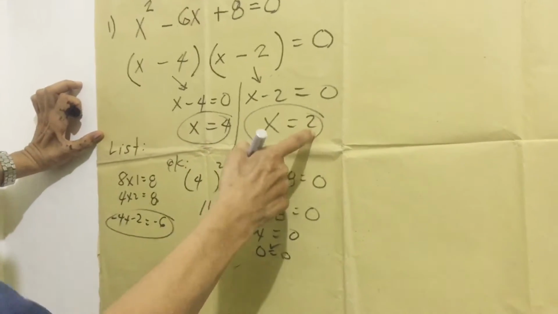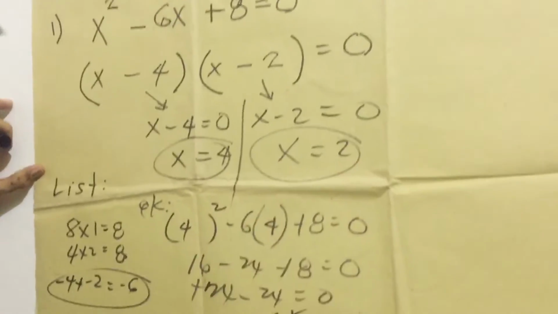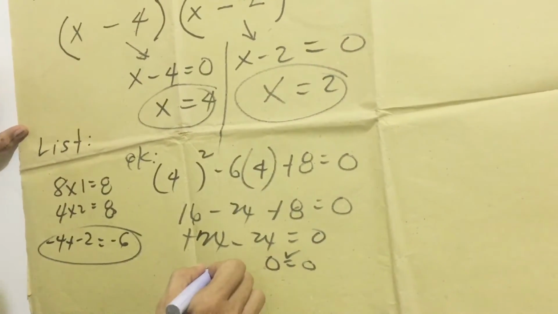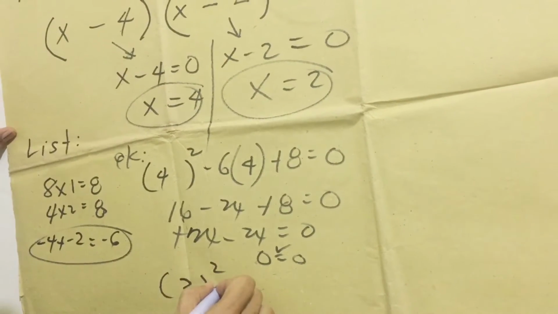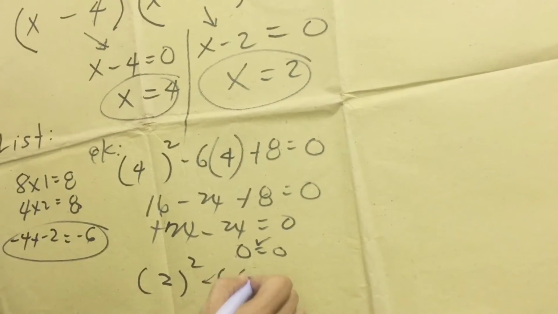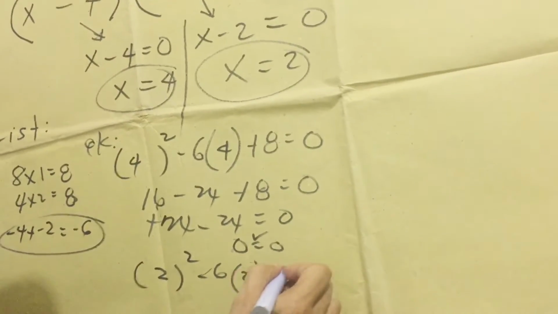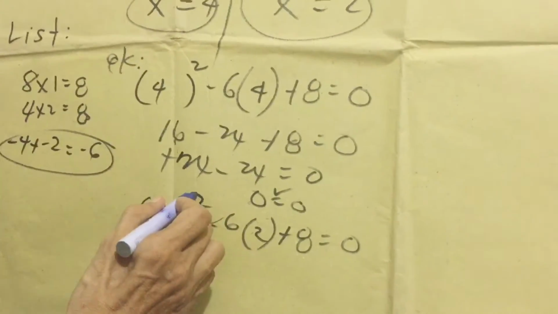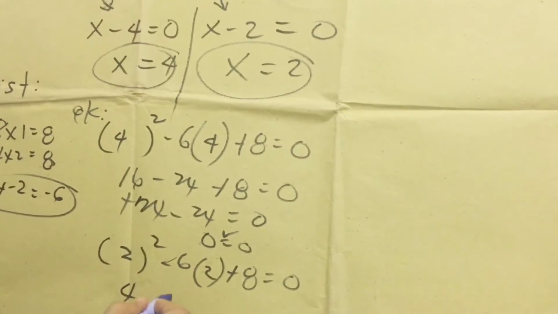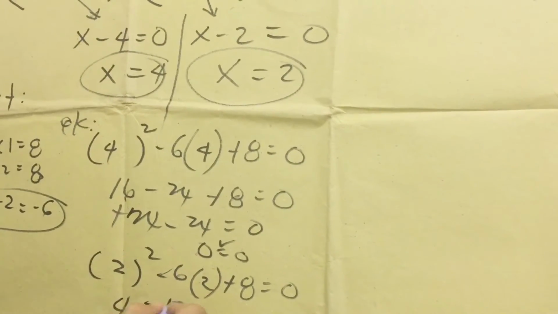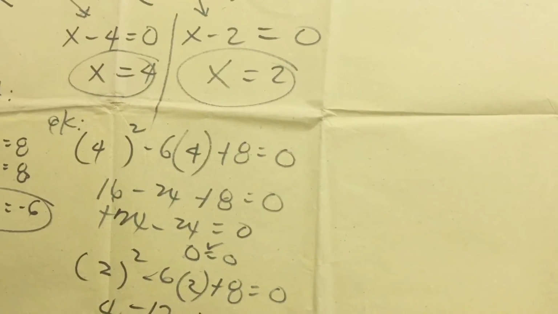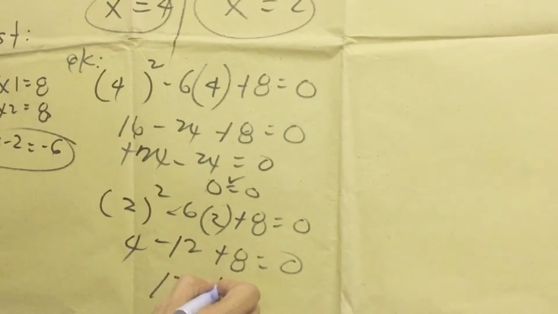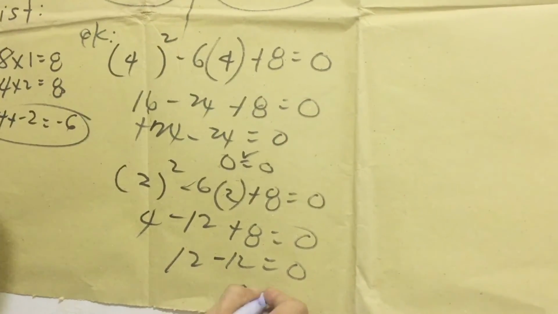You have to check also for the value of 2. x is 2. So we have the exponent and x is 2. We have 6 times the value of x, which is 2, plus 8 equals 0. And then 2 times 2, the exponent is 2, so 2 times 2 equals 4. 6 times 2 is 12. 4 plus 8 equals 12, minus 12 equals 0. 0 equals 0.